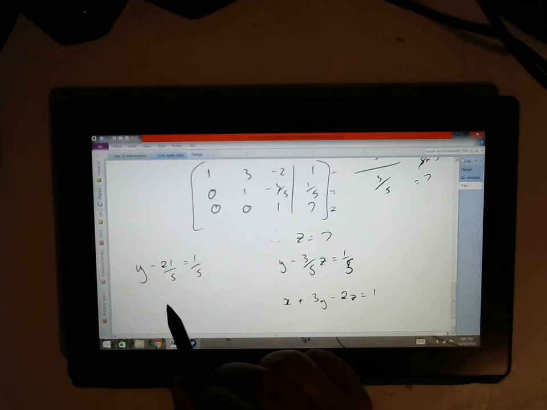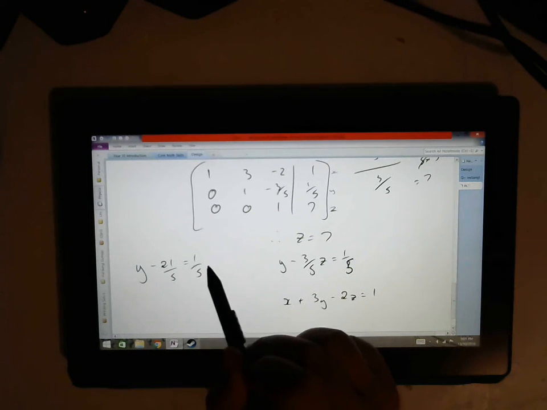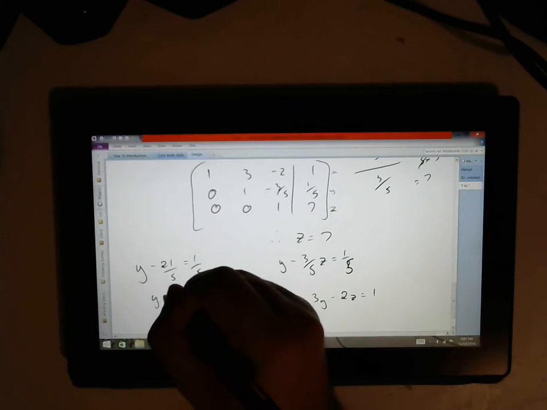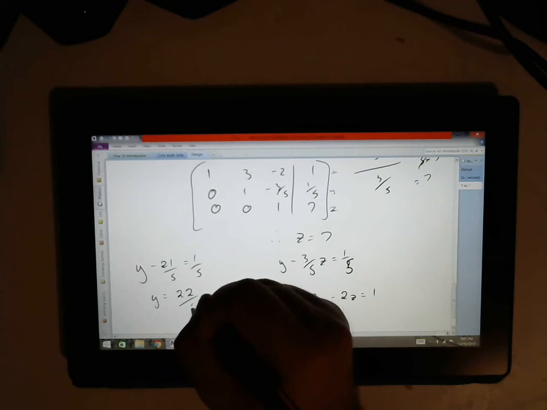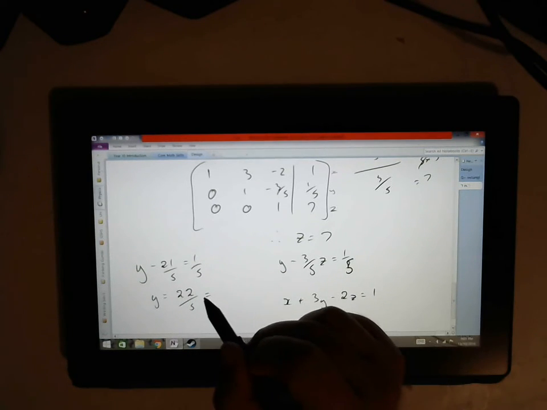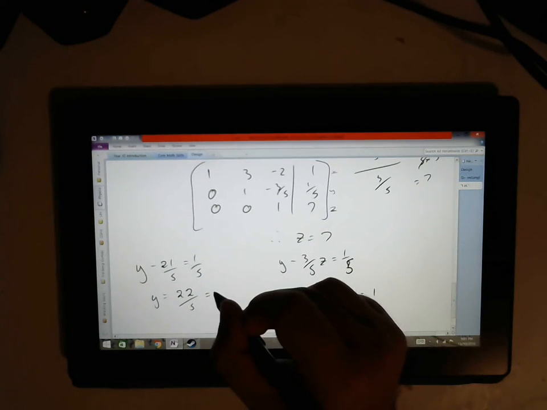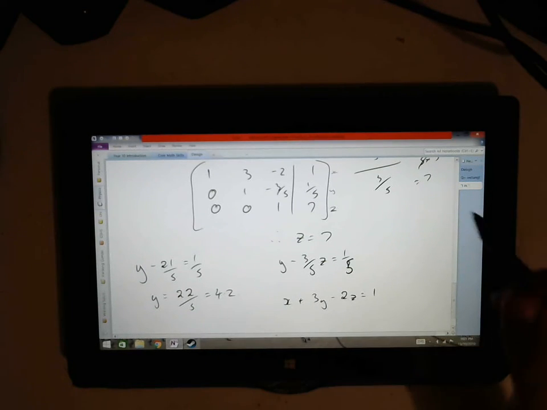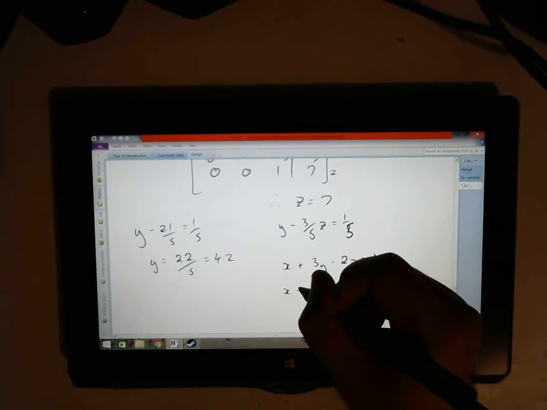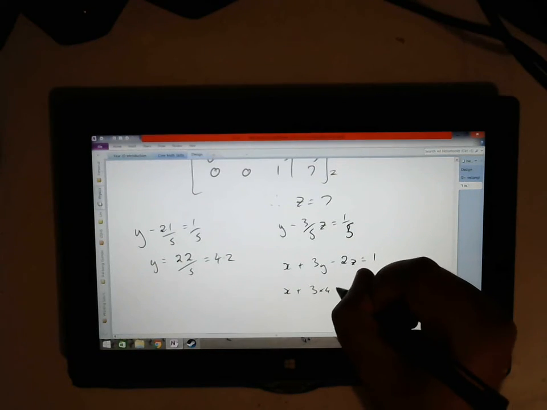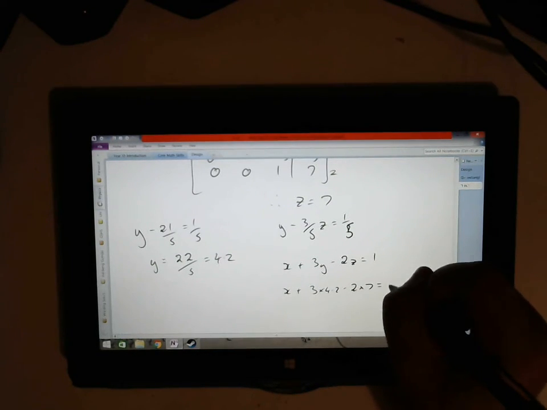Let's add these two together. So I'm going to add that across. We're going to have y equals 22 over 5, which would equal 4.2. And then substituting both of those into our original thing, we get that x plus 3 times 4.2 minus 2 times 7 equals 1.